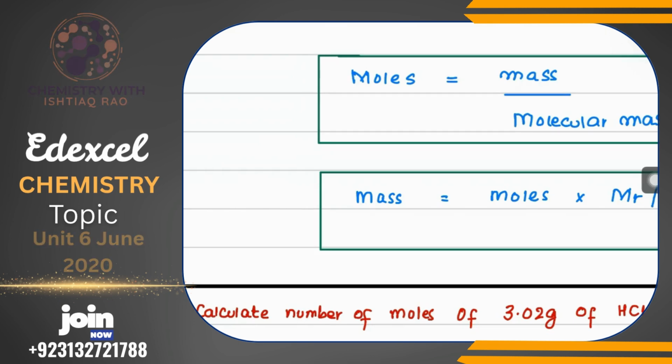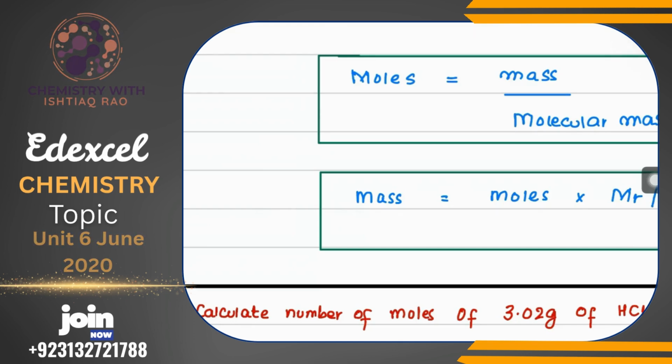You have to apply the same formula whether you have grams, kilograms or tons, that is, mole is equal to mass over Mr. So what's the answer? Of course, you first have to find the Mr of HCl from the periodic table.